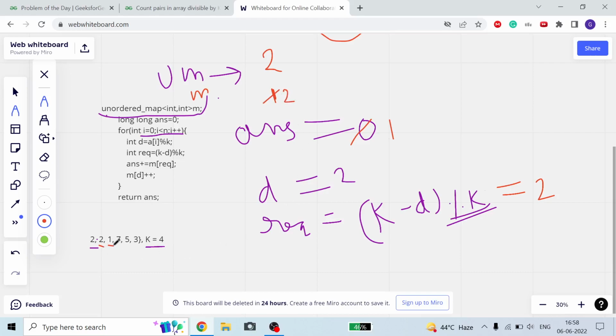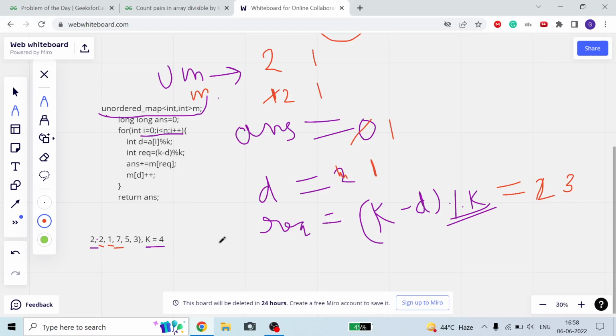Now we are at 1, 1 modulo 4 will become 1, 4 minus 1 is 3, and 3 modulo 4 will become 3. So now we require a number whose modulo is 3, we don't have any such number, so we will continue with md plus plus, meaning for remainder 1 we have count 1, one number that has remainder 1.